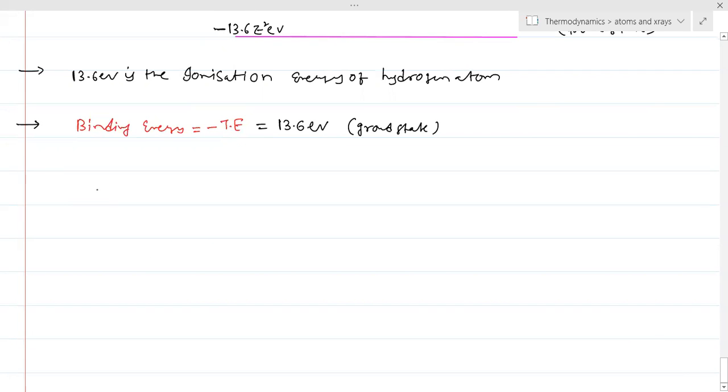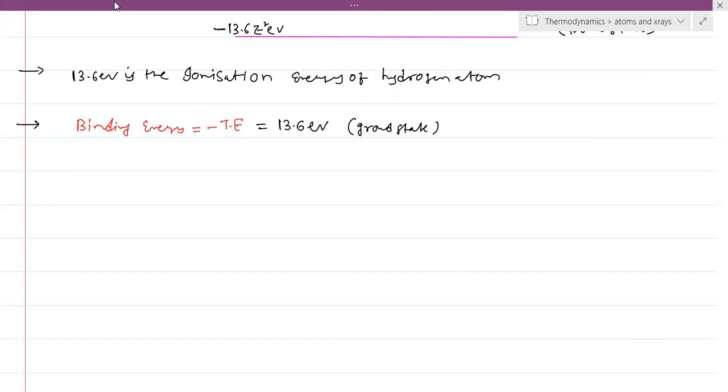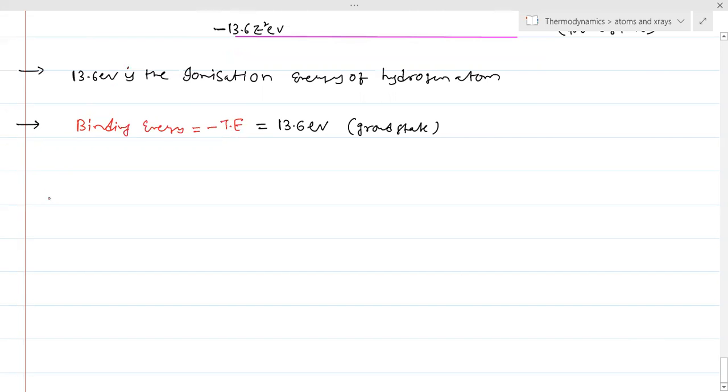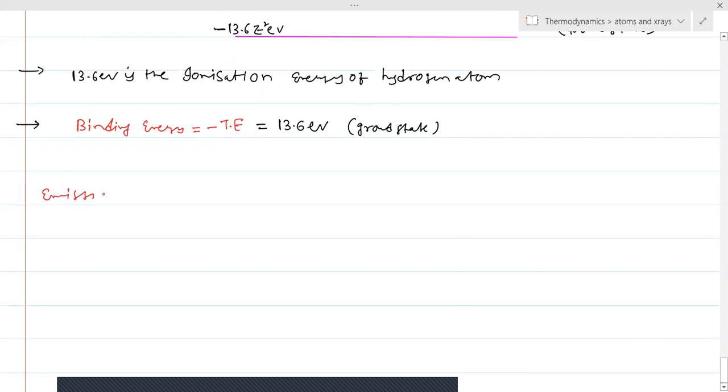Next, we are going to see a formula regarding the frequency of emitted radiation, emission of radiation.